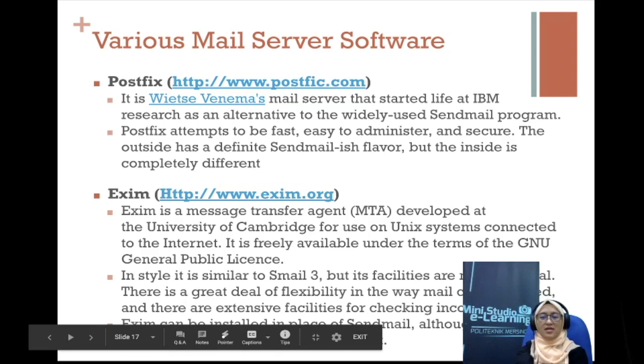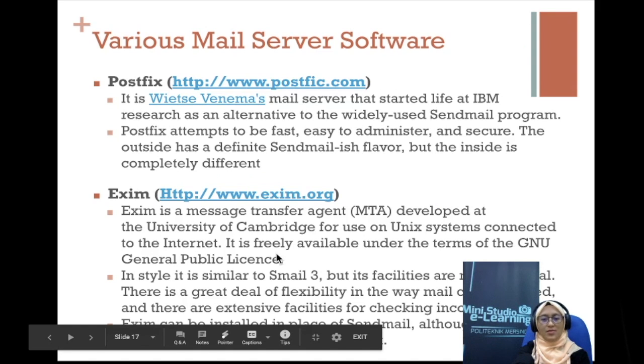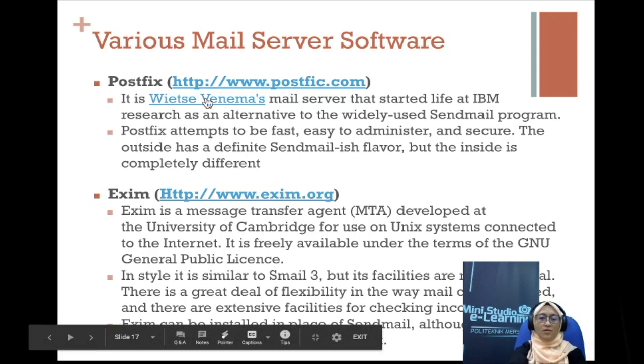There is a great deal of flexibility in the way mail can be routed, and there are extensive facilities for checking incoming mail. Exim can be installed in place of Sendmail, although the configuration of Exim is quite different, quite different from Postfix.